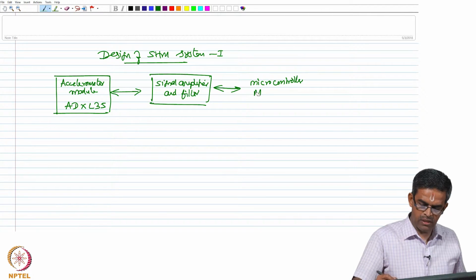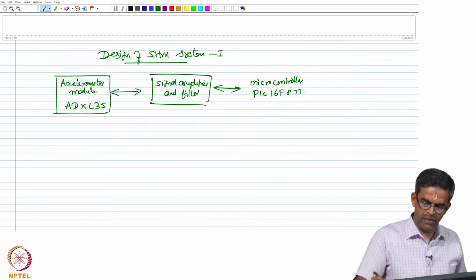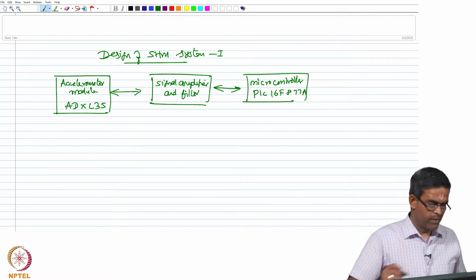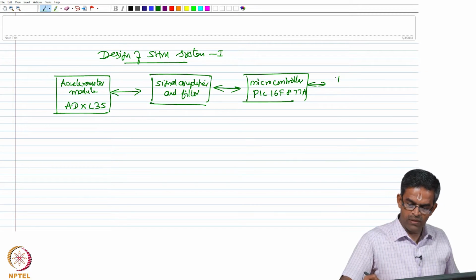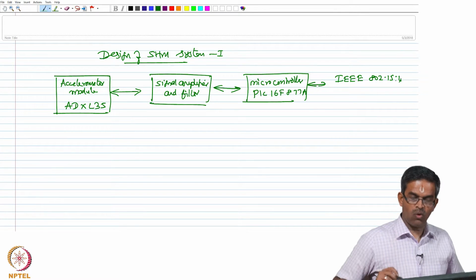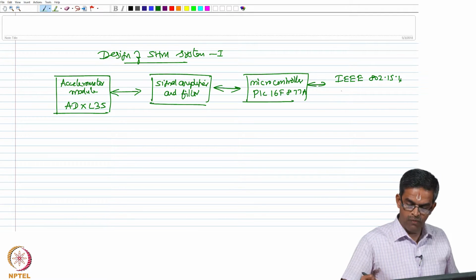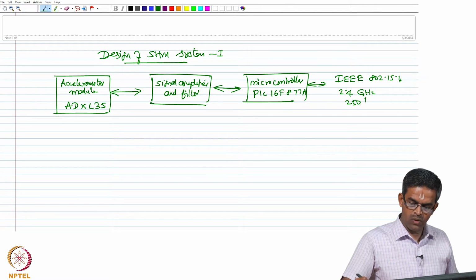In our case, it is PIC 16F877A, which is by and large now connected to the communication channel, which is IEEE protocol 802.15.4, which is locally available, of 2.4 gigahertz speed, 250 kbps transceiver unit.